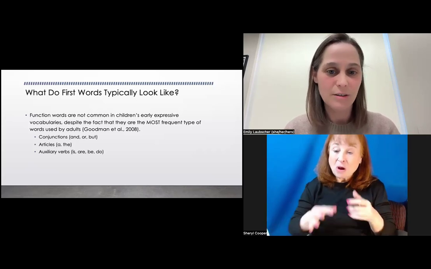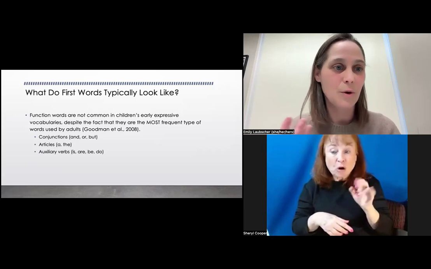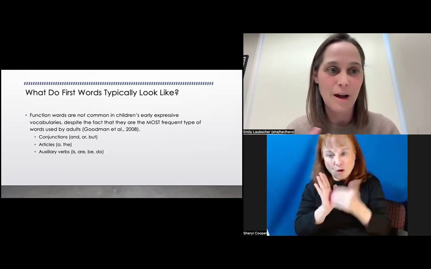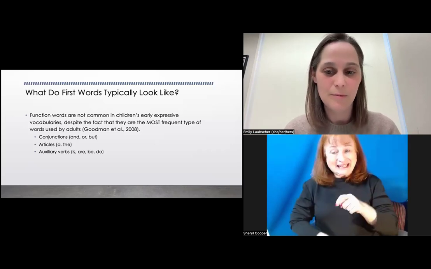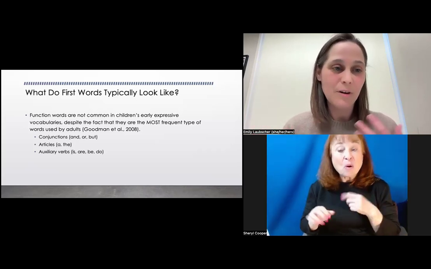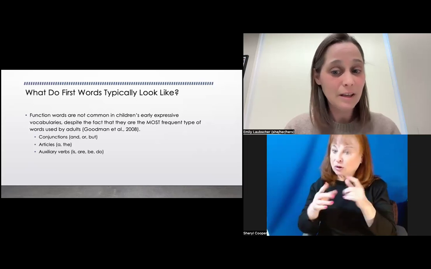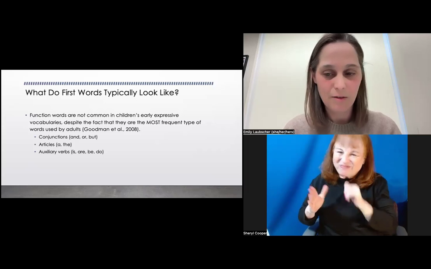Conjunctions, articles, auxiliary verbs, pronouns. We use these types of words over and over and over again, no matter what topic we're talking about. We need them to be able to form sentences. Once we are using grammar, these words are really critical, but beginning communicators don't typically use them very often.